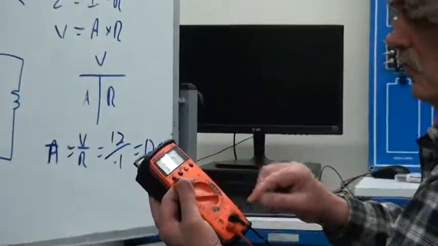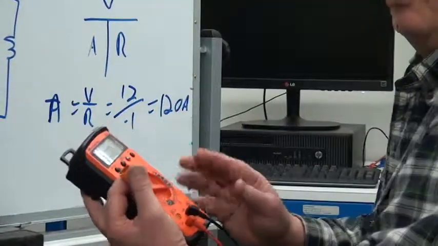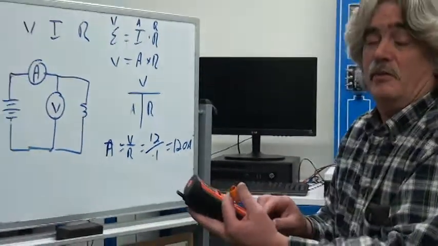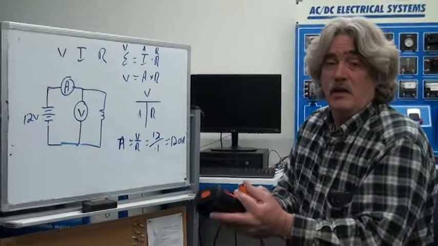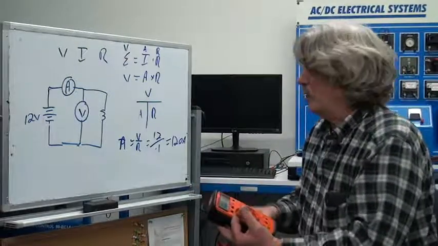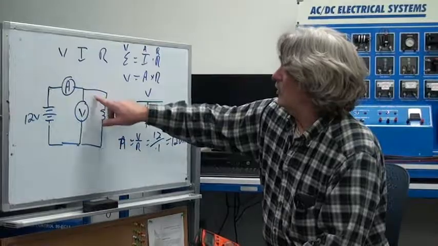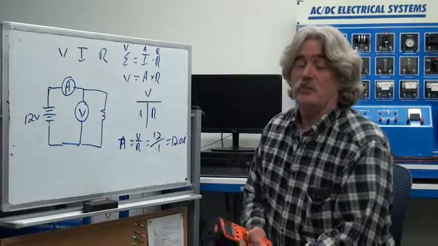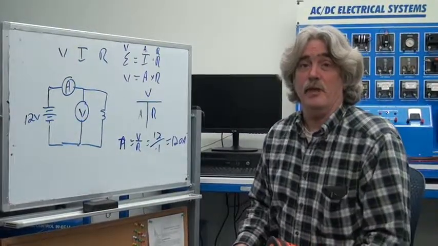And so you have to go to the right range, and then the meter is saying, okay, you can make your measurement. That was enough time to blow the fuse if I had the circuit incorrectly wired. And so you have to have your instructor check your circuit and make sure that your amp meters are hooked in series and your voltmeters are hooked in parallel with whatever measurement you're trying to make.